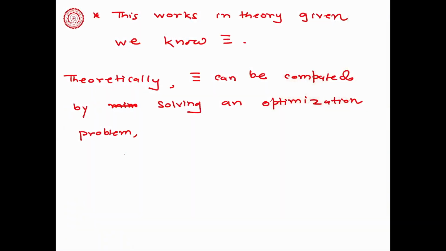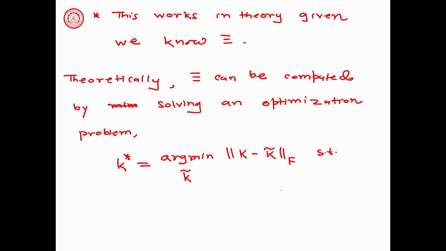So, basically you can think of it like this: k star, suppose I want to find out, is equal to argmin k tilde some norm between the k that you know and k tilde, okay. And there is a special norm for matrix, Frobenius norm, right.